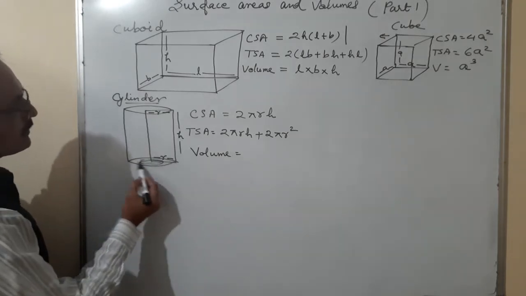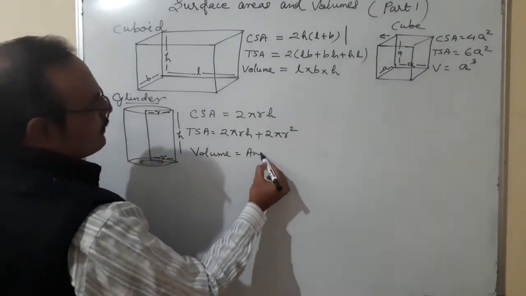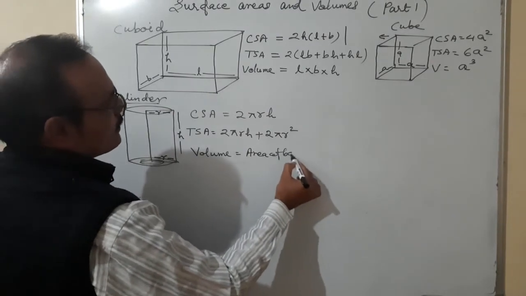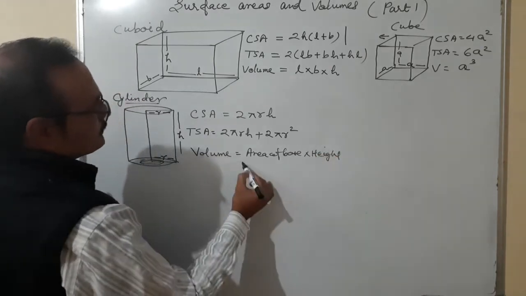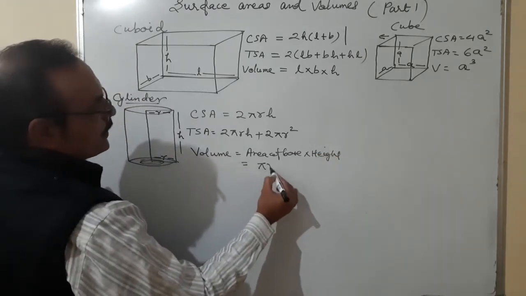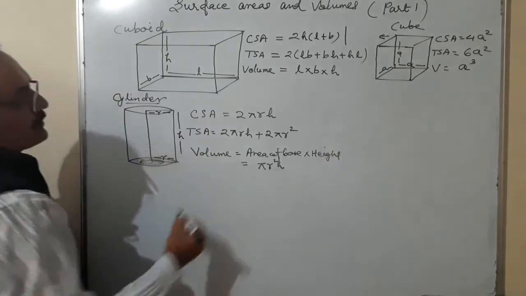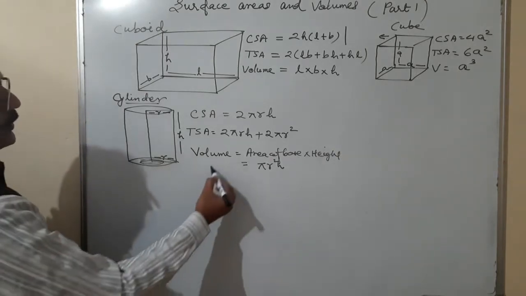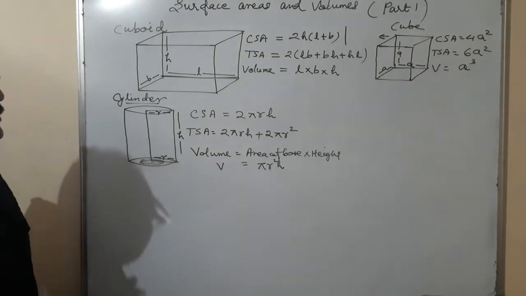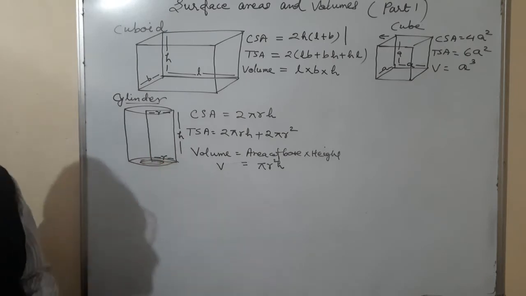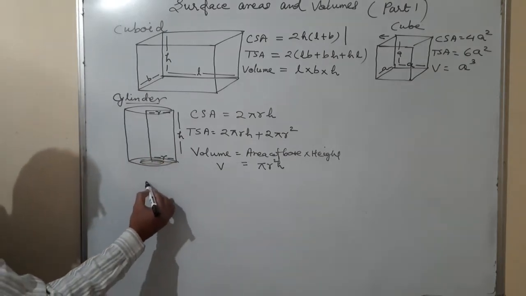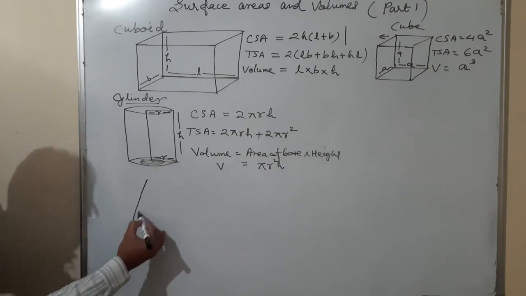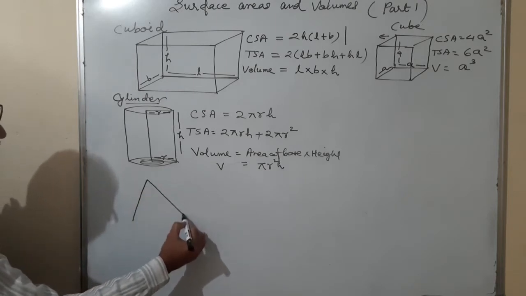Area of base into height is pi r square h. So the volume is pi r square h. This is cylinder. After cylinder, the third figure, what is this?